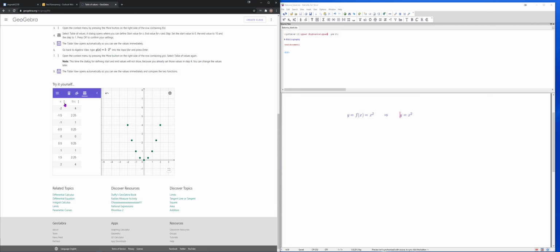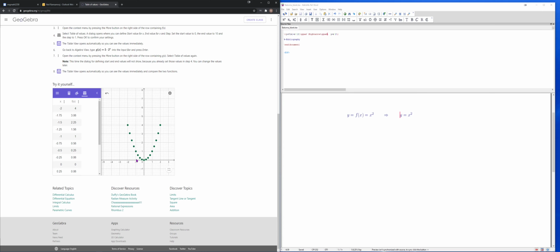Now, if I change the amount of x values that I plot, I should get a smoother set of points, so you'll see the curve a little better. I'm changing the step size, and I'm just working between the range -2 and 2.